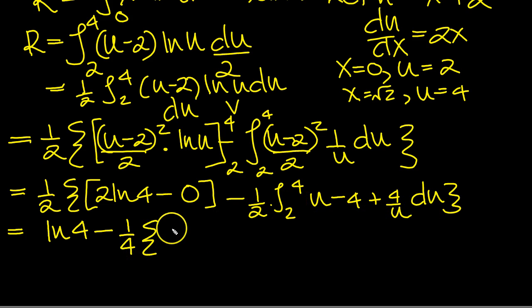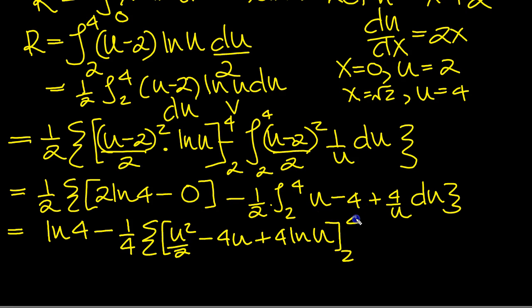Integrate this: it's u squared over 2 minus 4u plus 4 ln u. That's what we've got when you integrate. So that would be between the bounds of 2 and 4, wouldn't it? Close the brace.